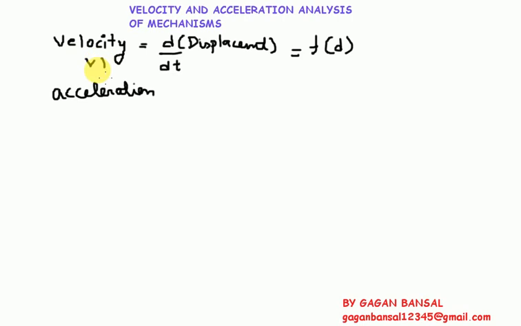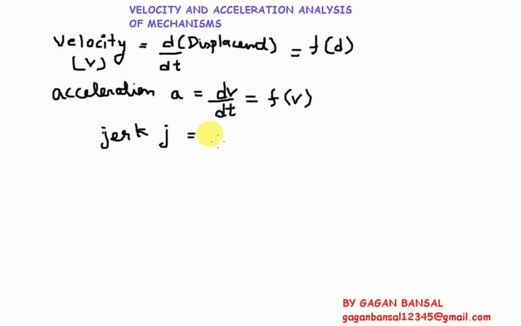This is a small v, this is a. Acceleration is the rate of change of velocity with respect to time. That is, acceleration is a function of velocity. In the same way, jerk is a quantity which is defined as the rate of change of acceleration with respect to time. That is, it is a function of acceleration.